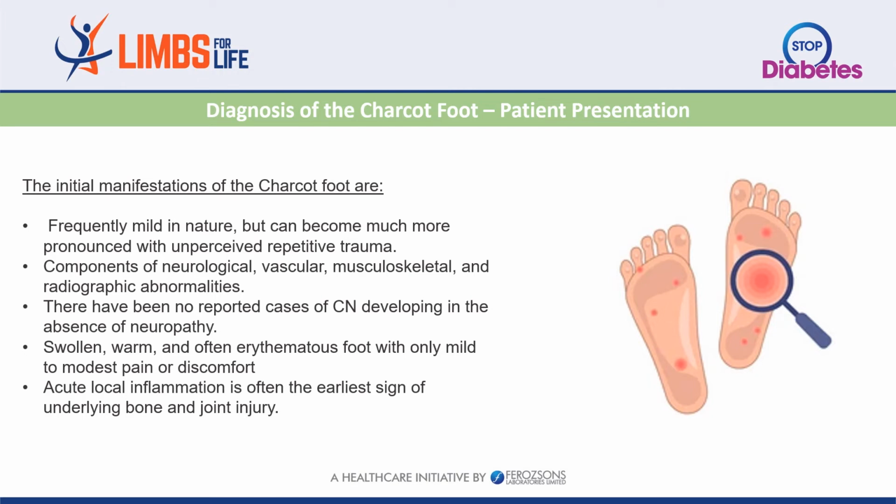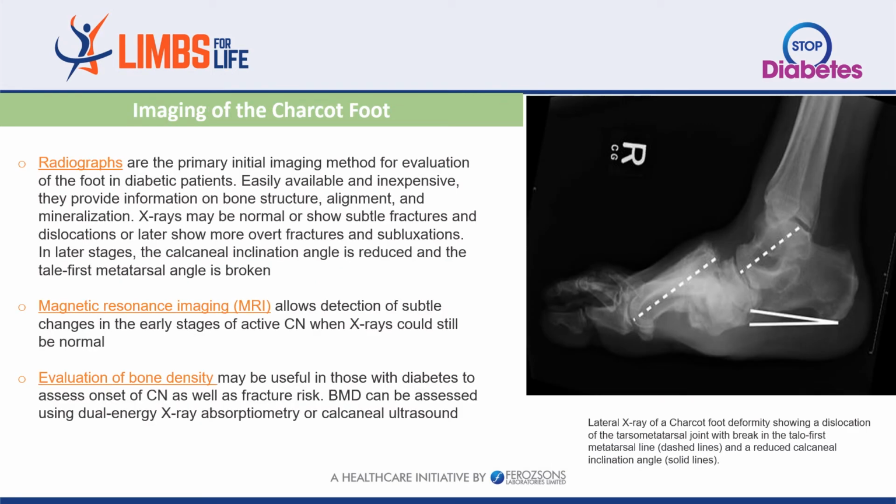There have been no reported cases of Charcot neuropathy developing in the absence of neuropathy. The foot is swollen, warm, and often erythematous, with only mild to moderate pain or discomfort. Acute local inflammation is often the earliest sign of the underlying bone and joint injury.